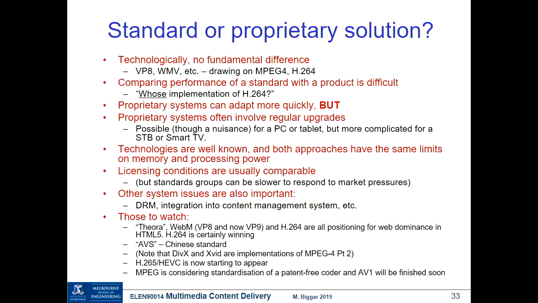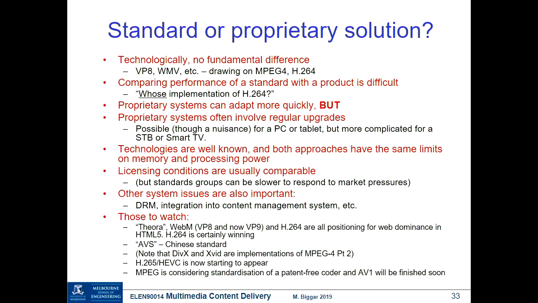Proprietary systems, and maybe something like AV1, may be able to be adapted more quickly just because it's easier to get agreements. If we're in the ISO, the International Standards Organization, then there's quite a bureaucratic procedure that's required to get agreement from all the member countries before you can modify a standard or add to it.